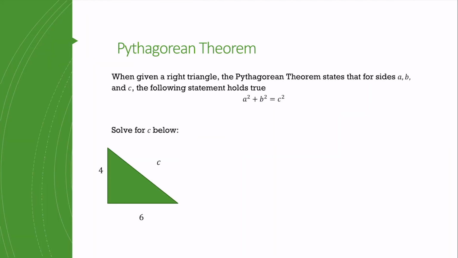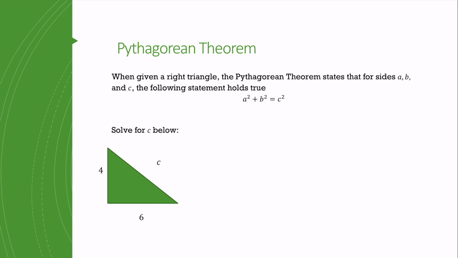The last two topics we're going to cover are the Pythagorean theorem and the distance formula. These are two mathematical models that we can use that require us to know how to work with radicals, primarily square roots.